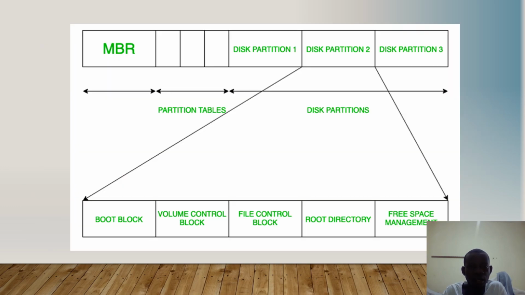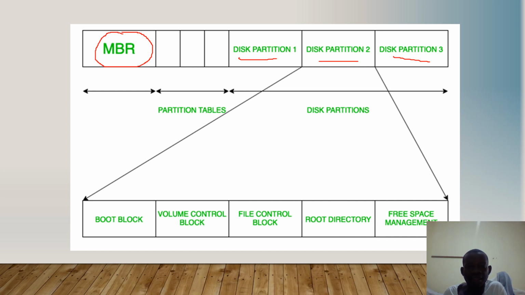So MBR is highly needed to start the computer. So in this table, as you can see here, we have MBR. Here we have MBR, and here we have several other partitions, as we can see. And in this MBR we have partition table.